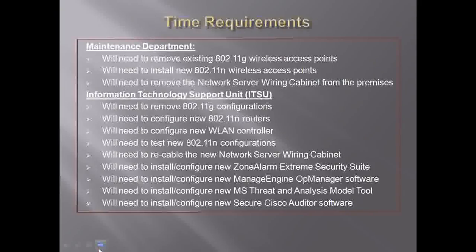The time requirements. Another requirement involved with this project is the time that's involved in removing the older 802.11g wireless access points and replacing them with the newer 802.11n wireless access points. It will involve a coordinating effort with the university's maintenance department and the information technology support unit as well.